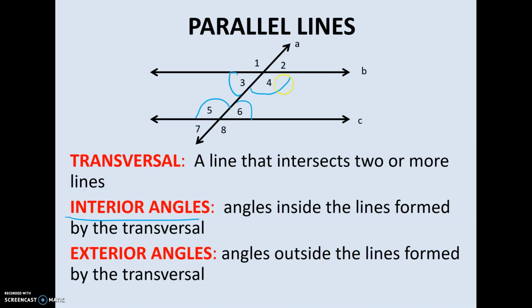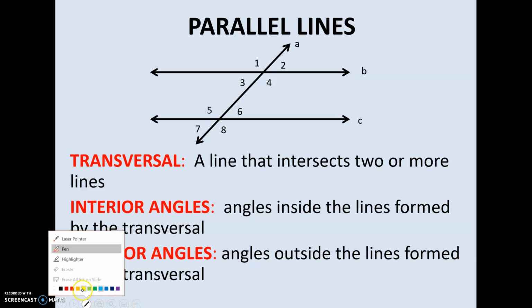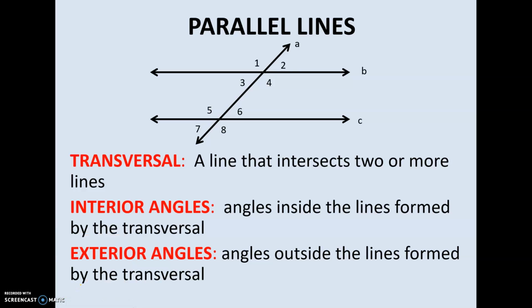Next. Exterior angles. Exterior angles are angles that would be outside of the lines formed by the transversal. Okay? So exterior angles would be outside. So which ones would be outside? Angle 1 would be an exterior angle.